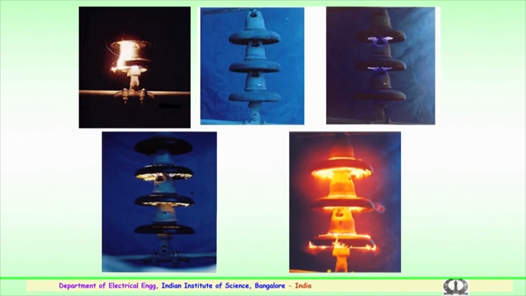Some of the experiments conducted in the laboratory for various polluted conditions show the flashover of the disc and the scintillations from the polluted insulators depending upon the applied voltages. As the voltage level increases, we can see the scintillations or partial arcs increasing and further the flashover happening. This is the phenomenon which happens similarly in field conditions.